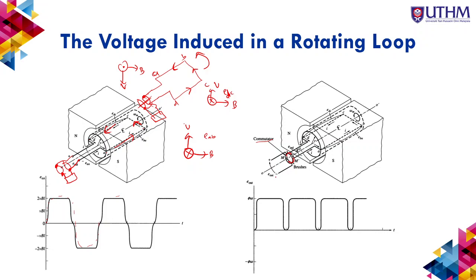Therefore the current flow will always be positive. We can have a very straight, constant line, and when we check with the multimeter, it will give you a constant value. However, in real life, it will give you something like this, up and down.